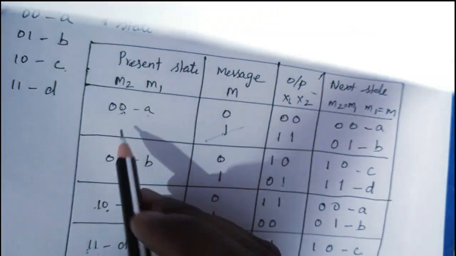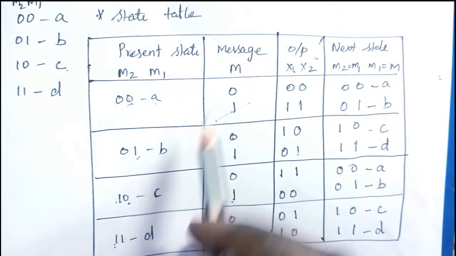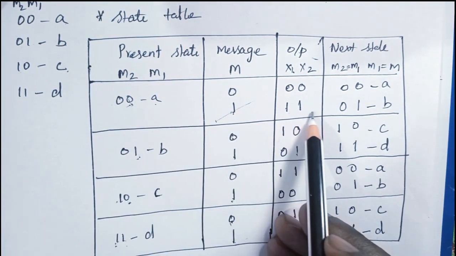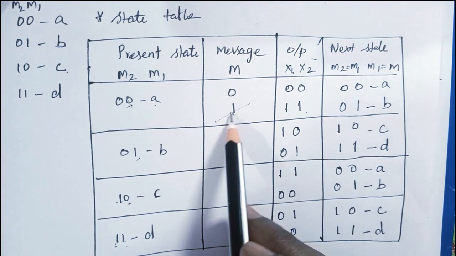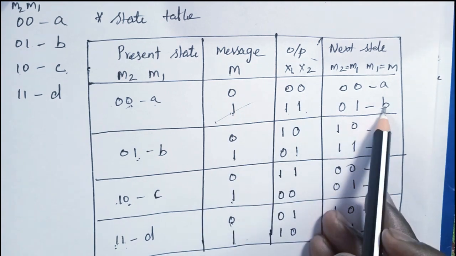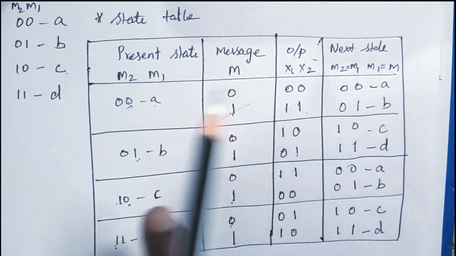So what happens if the current state is A and the input bit is 1? The output is 1 1, and the next state is B. Input bit 1 means we need to draw a dotted line. So the next state is B and the output is 1 1.